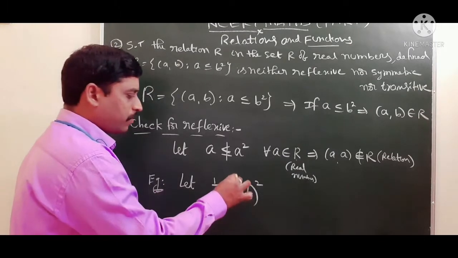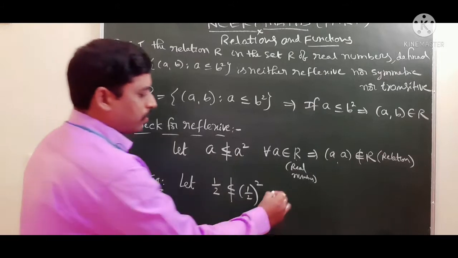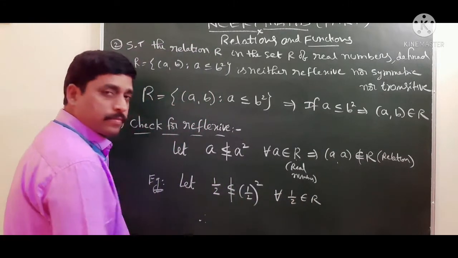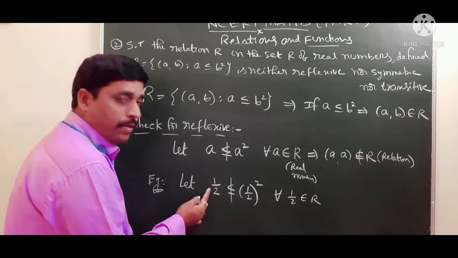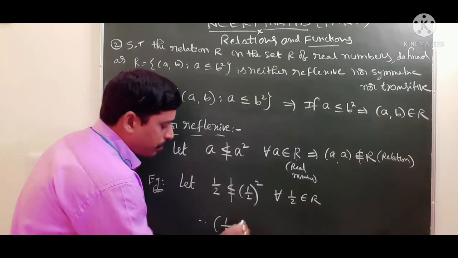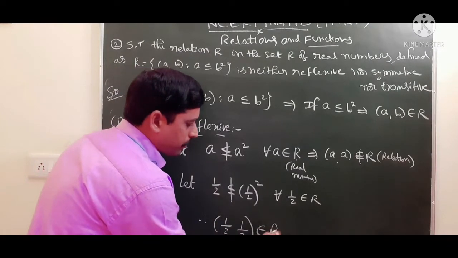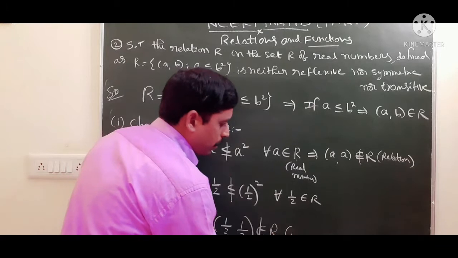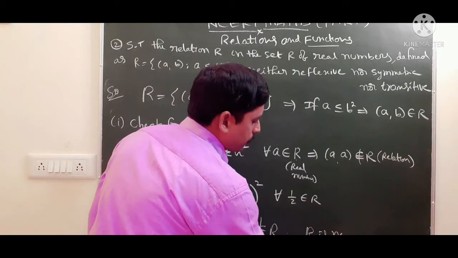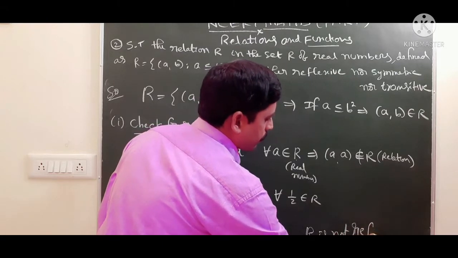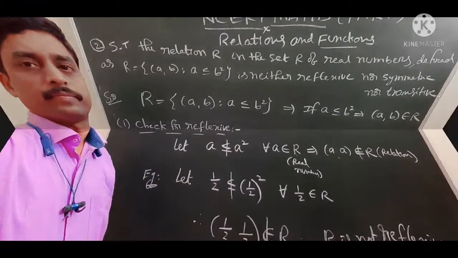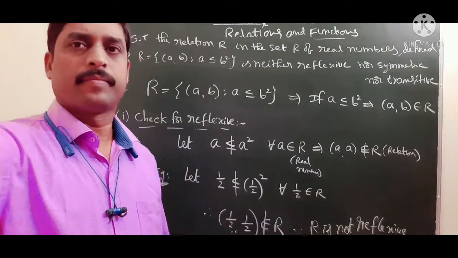So 1/2 is not less than or equal to (1/2) squared, for 1/2 belonging to R. If this condition is not true, therefore (1/2, 1/2) does not belong to R, R for relation. Therefore, R is not reflexive.